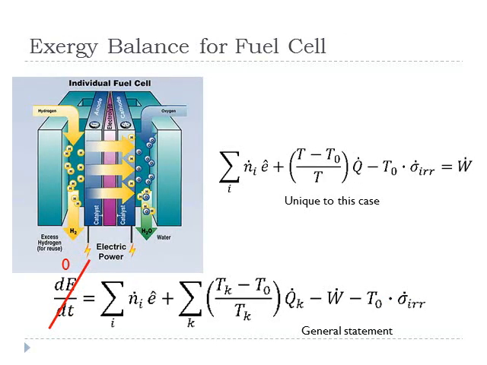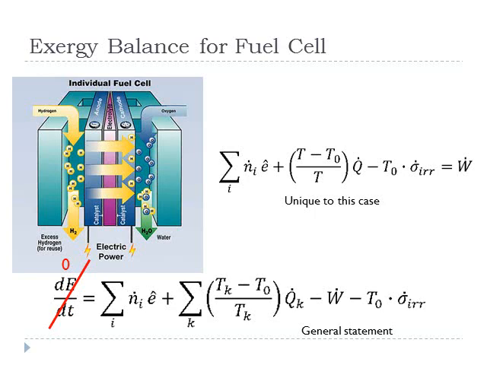And for a fuel cell, you can do a similar type. Here we're going to assume steady state. Some terms drop out, and so for the fuel cell system, the amount of work you can get out of it depends on the exergy flowing in and out, if there's any heat into or out of the system.